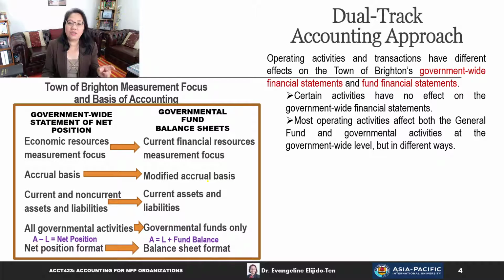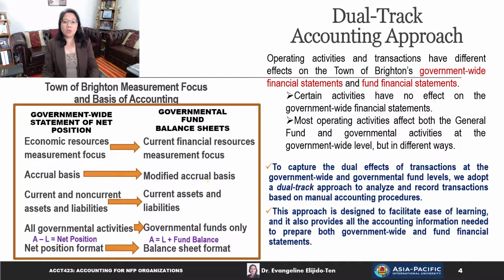Because certain activities will have no effect on government-wide financial statements, and most operating activities will affect both the general fund and the governmental activities, but they may be affected in different ways. So in order for us to show you the different effects, we will show you the journal entries for both the fund level as well as the government-wide activities.